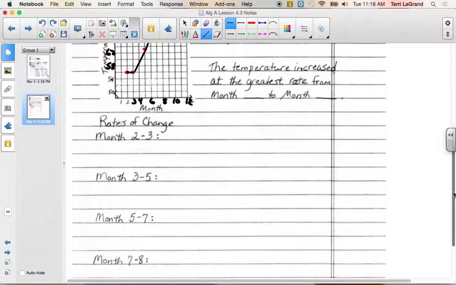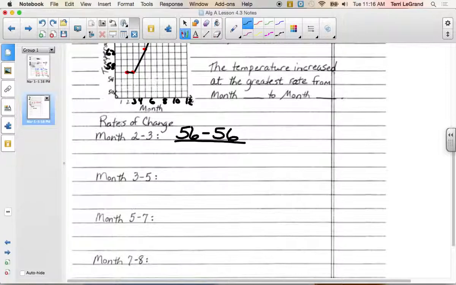Okay, what was the temperature in month 2? 56 degrees. So 56 take away 56, that's 0. And now month 2 take away month 3. So we end up with a 0 upstairs and a -1 downstairs, which is what? 0.